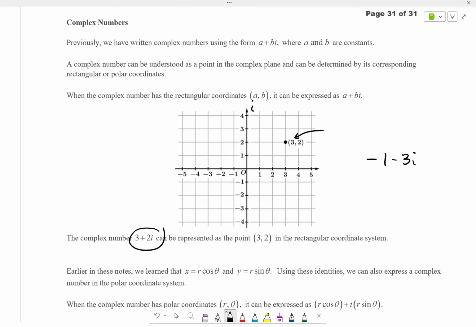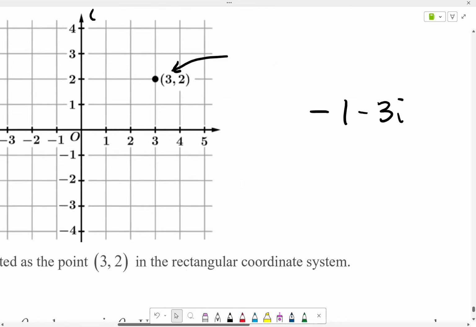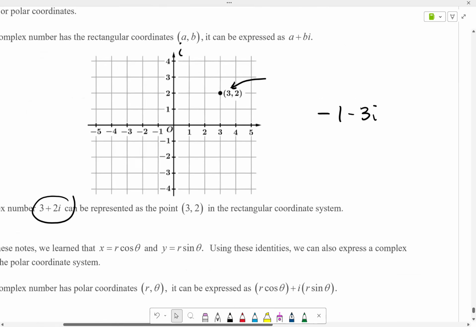This is a complex number. So -1 minus 3i would mean on the complex plane, we go to -1 and down here. Now that is a single number represented in 2 different dimensions.